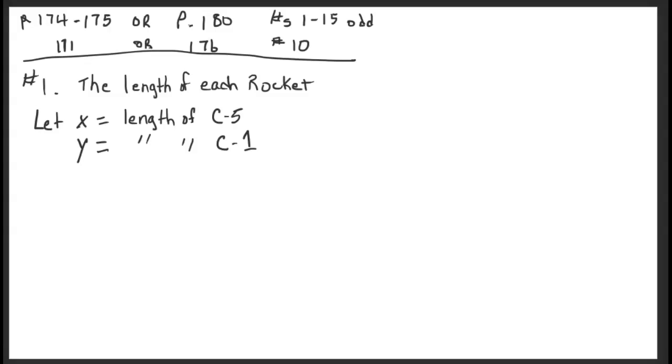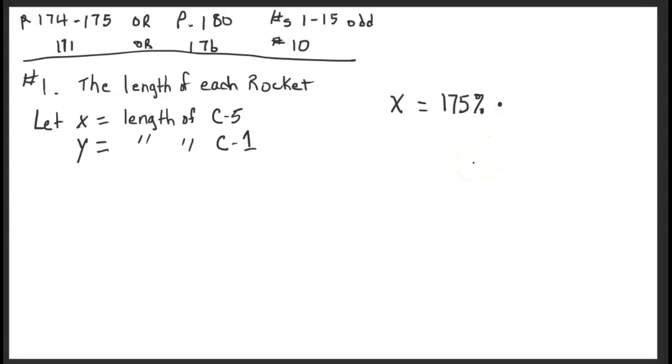And it says, in the Saturn series, the length of the C5 rocket, that's x, equals 175%. I'll go ahead and write it this way for now. That of means multiplication.